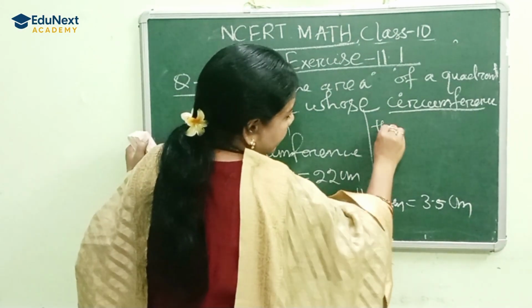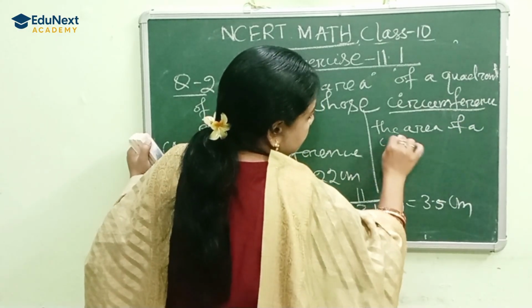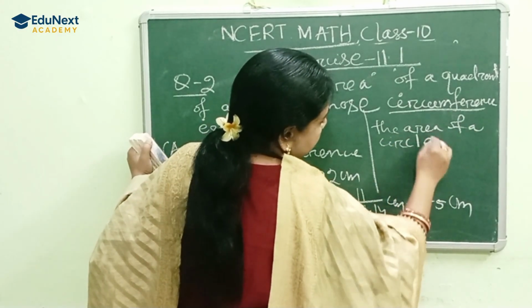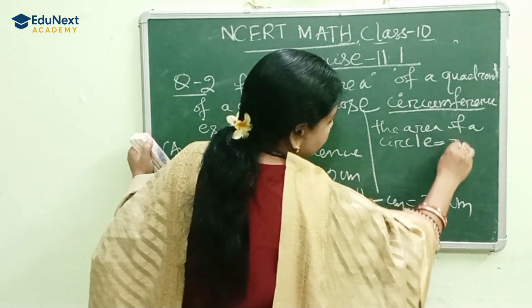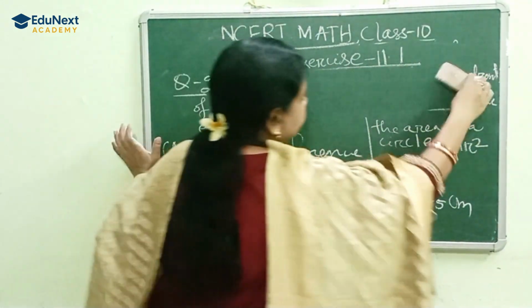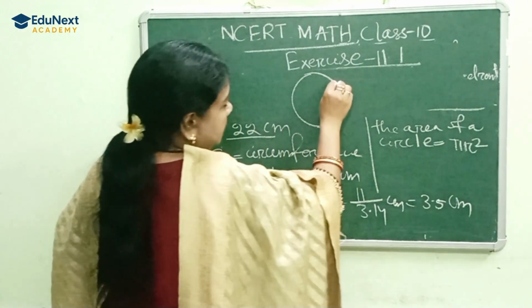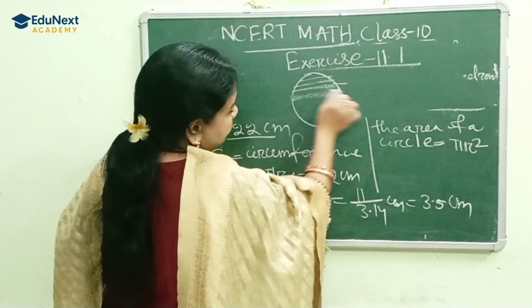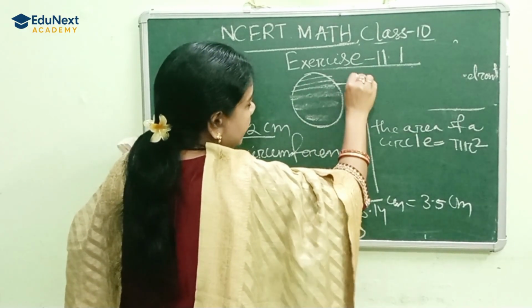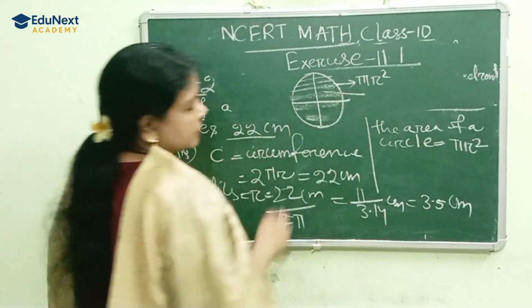Now the area of a circle is pi r square, right? So now see, if it is a circle, the total area is pi r square, and the quadrant is 1/4.